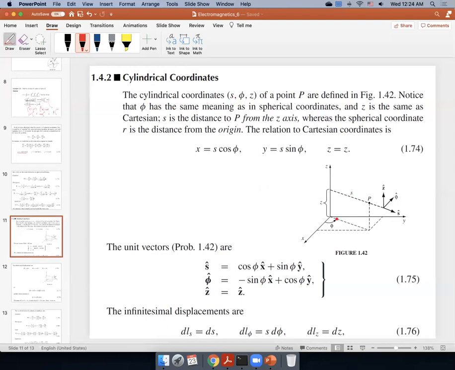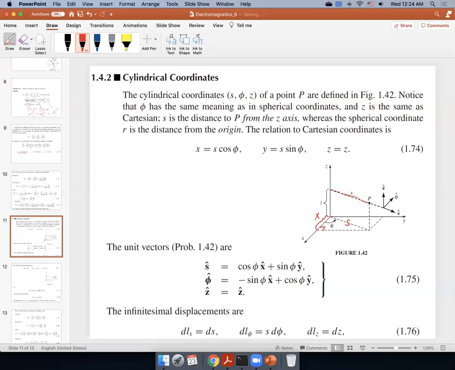Okay, so if this is s, this is phi, this is z, the relationship between s, phi, z and xyz can be written here. So first, what is x? In this example, x is shown here. This red line is s, and here it's 90 degrees.